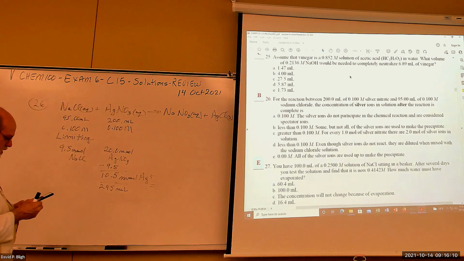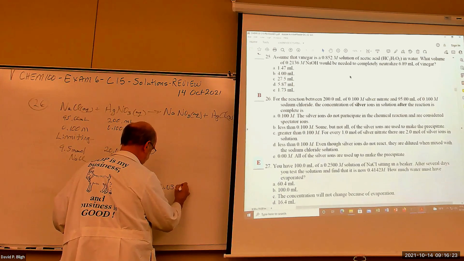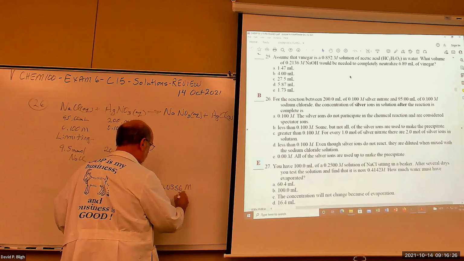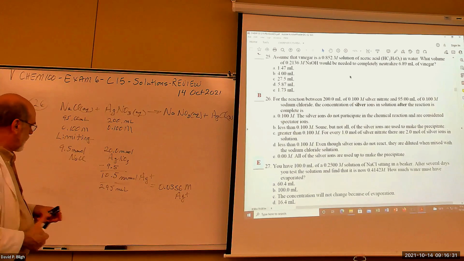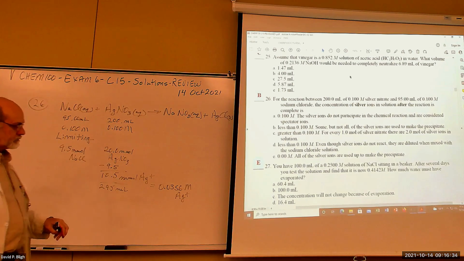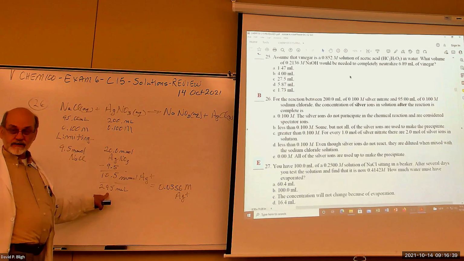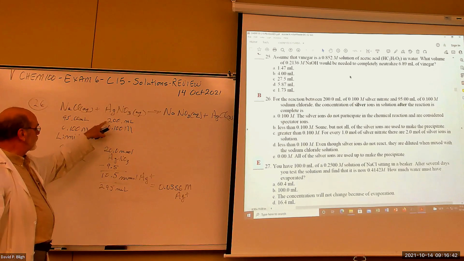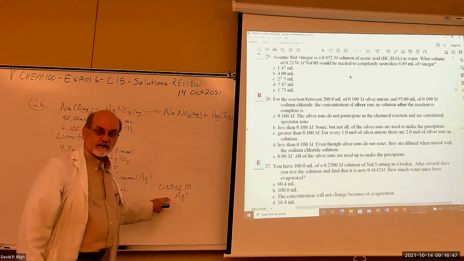So I get 0.0356 molarity of silver ions still in solution after we used that part of it. Now, why did I put 295 milliliters here? Because we diluted, 200 plus 95, right? And this is what's left. So this is the concentration of silver in solution.